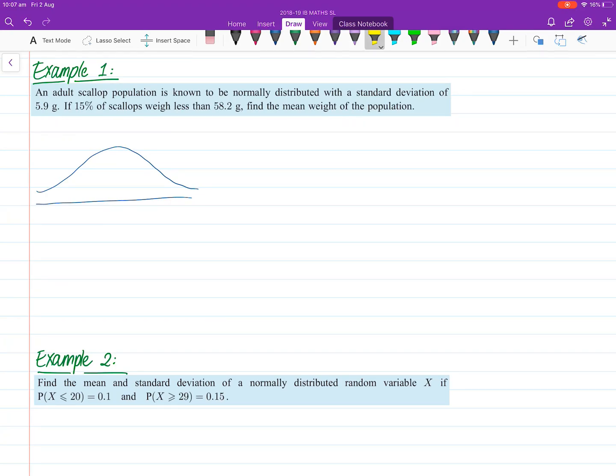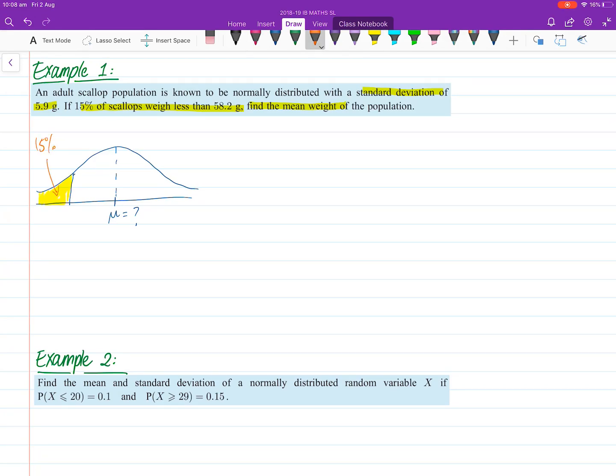So we're being asked to find the mean weight. Standard deviation is 5.9 and 15% of scallops weigh less than 58.2. So let's say here's our mean, mu, we don't know what that is. 15% is about here somewhere. Okay, so let's say this bit in here is 15%.